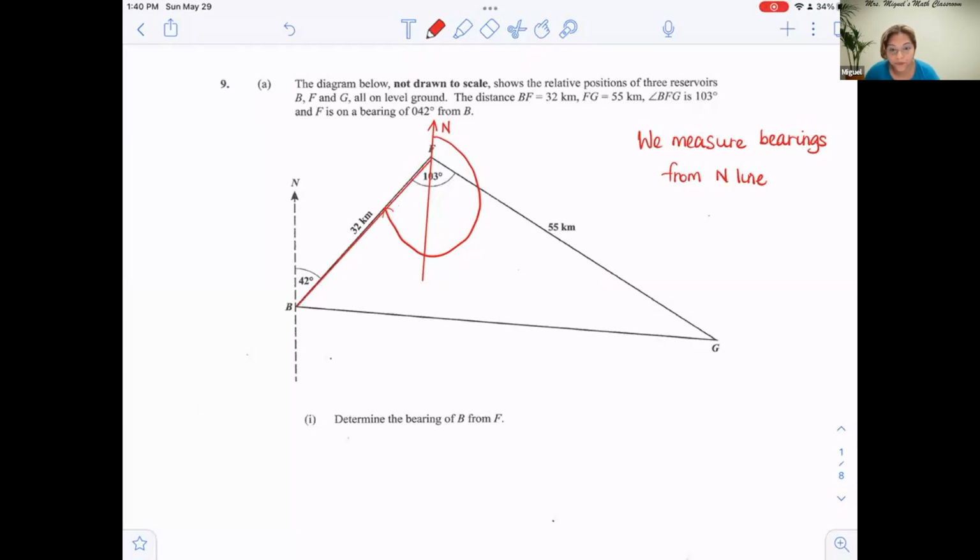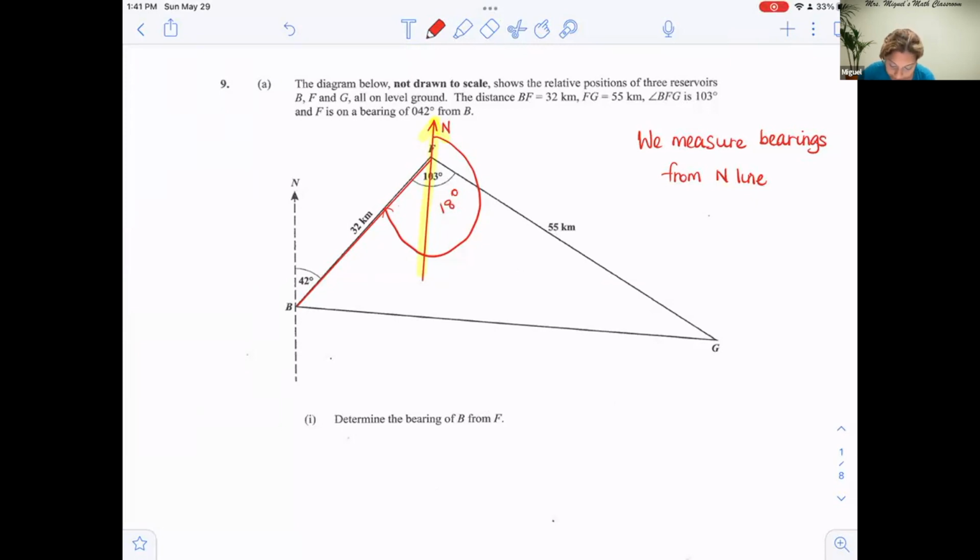So we know that this is a straight line. Could somebody tell me how many degrees do we have on a straight line? Is it 200? Is it 360? Is it 90 degrees? How many degrees in a straight line? 180. Yes. Very good.